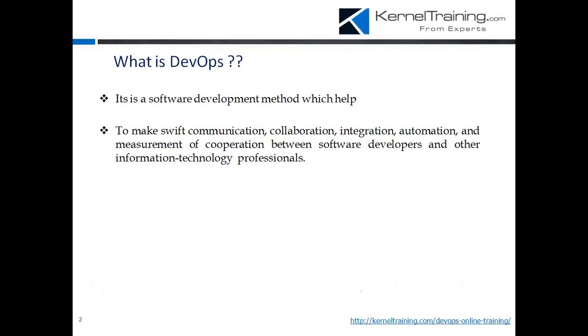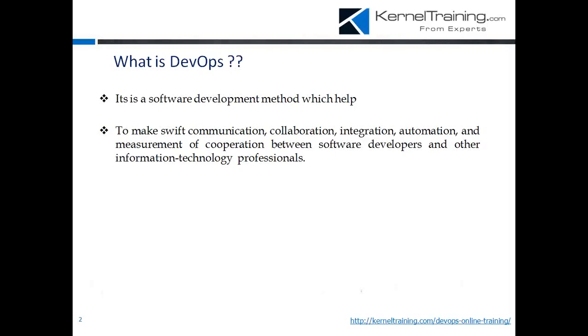Swift communication says the guy should be so knowledgeable, he should have good knowledge so that he can deliver everything to the infrastructure. He can be a strong pillar in the infrastructure, and he should be able to do everything that a developer as well as an operations guy can do.